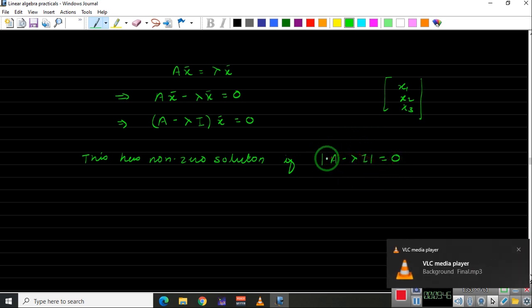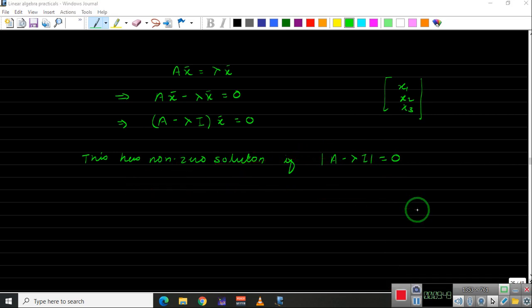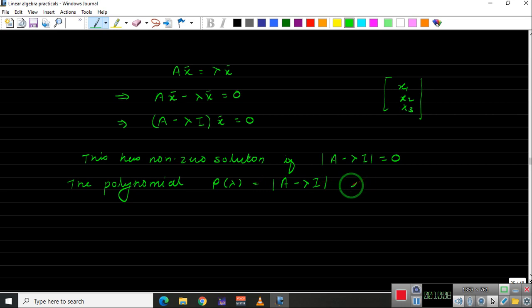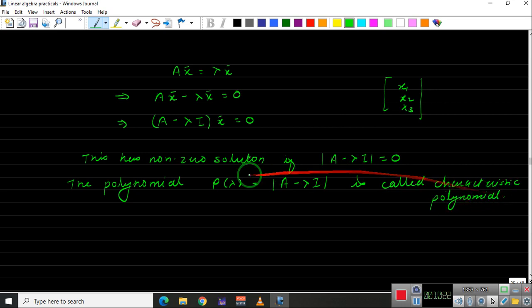And the polynomial, let me put it for your information. Let us write p of lambda, because all the values of A are constants. P of lambda equals the determinant of A minus lambda I, and this is called the characteristic polynomial.